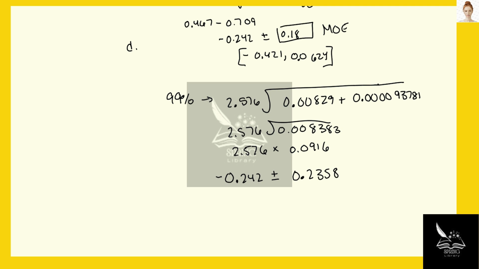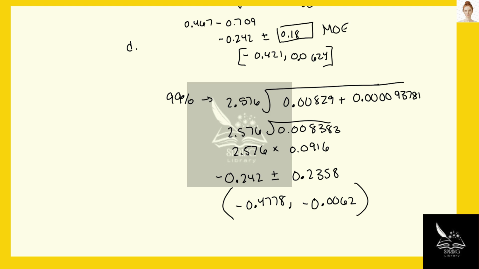So I have negative 0.242 minus 0.2358, and that's negative 0.4778, comma, and if I add them together, that's negative 0.0062.